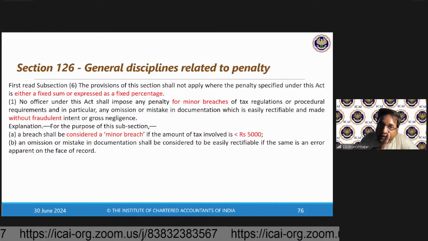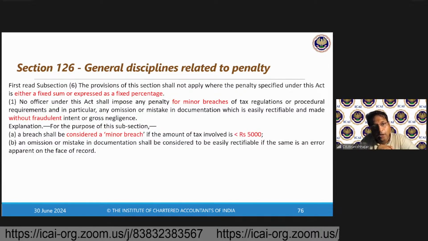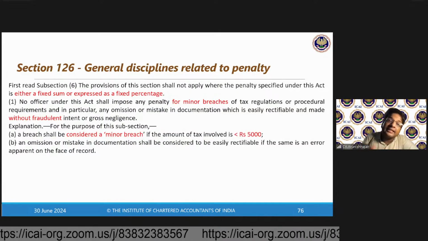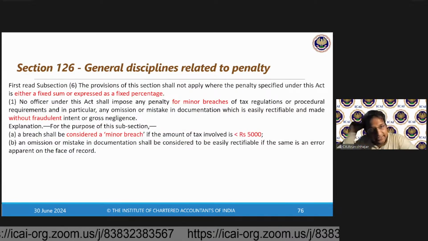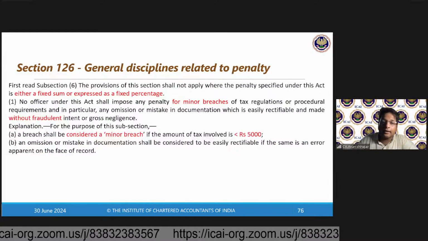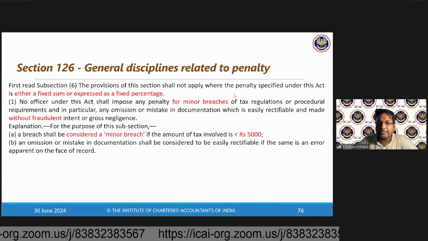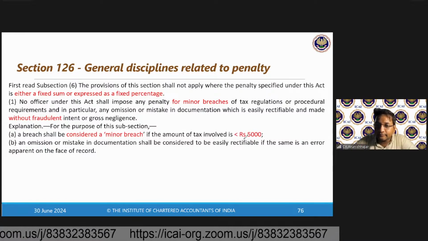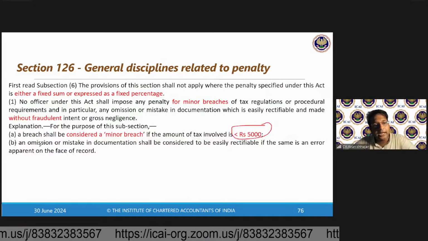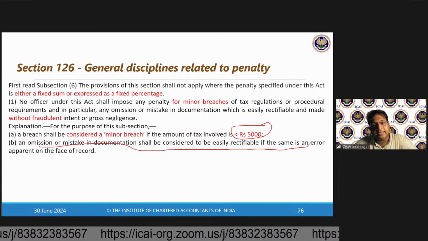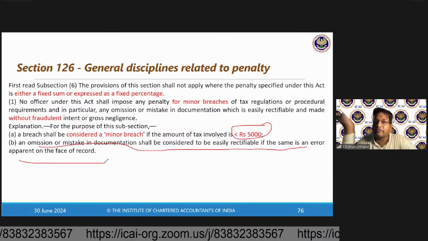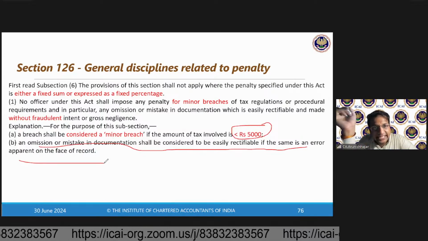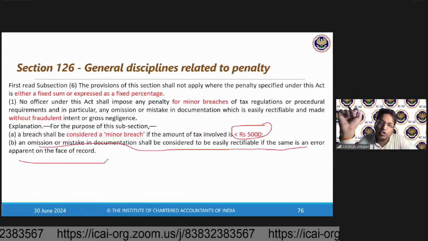If there is a minor breach or procedural non-compliance, what is a minor breach? A minor breach means the tax involved is less than 5,000. An omission or mistake shall be considered easily rectifiable if it is apparent on the face of the record. In that case, no penalty can be imposed.